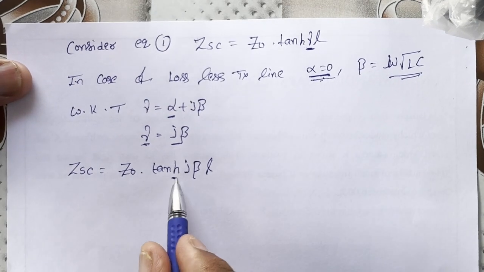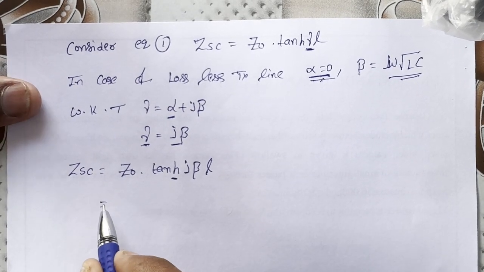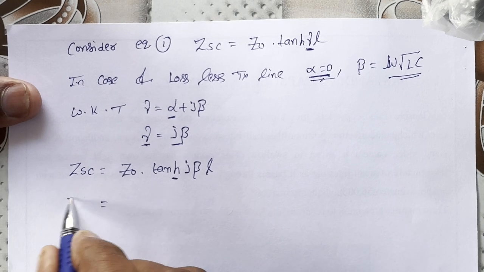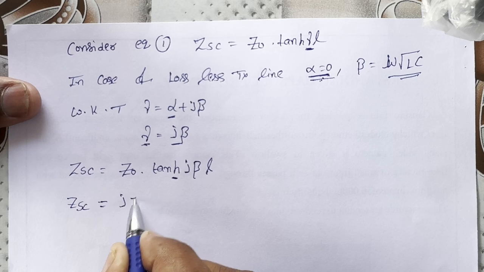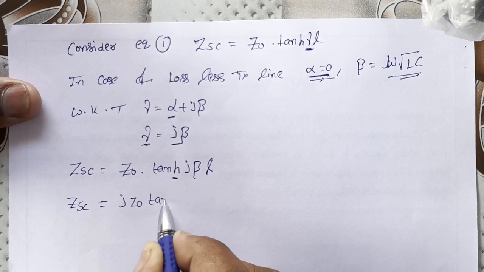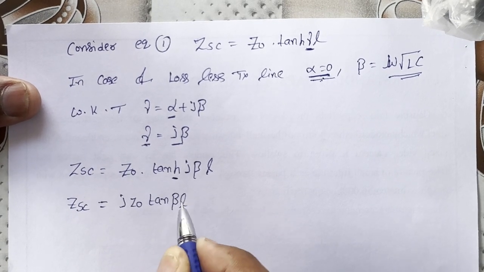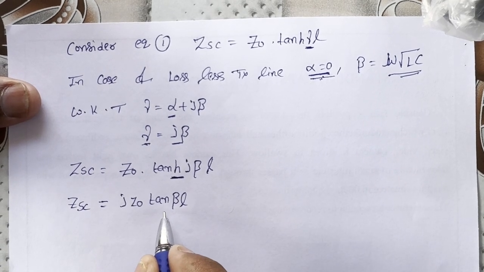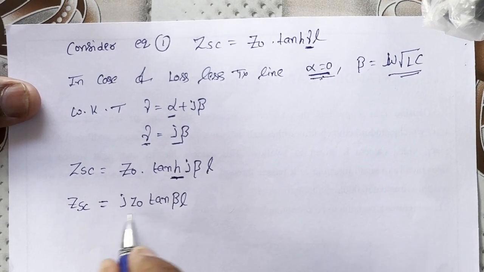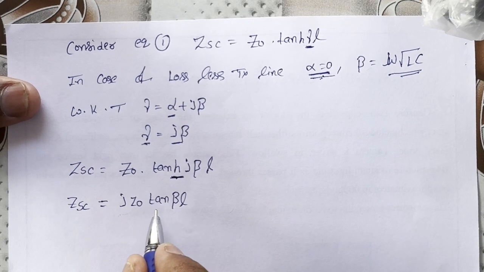That means ZSC is equal to j Z0 tan beta L. Here the hyperbolic function is converted into the normal tangential function.